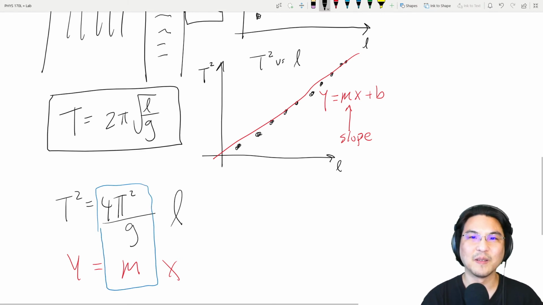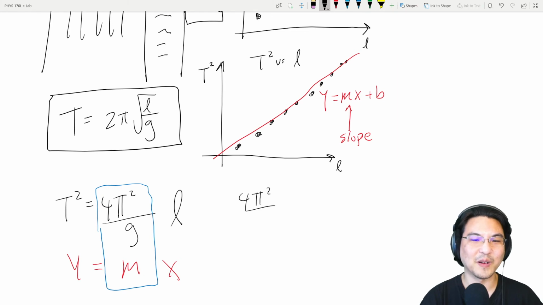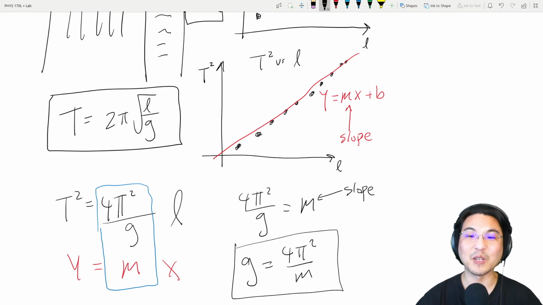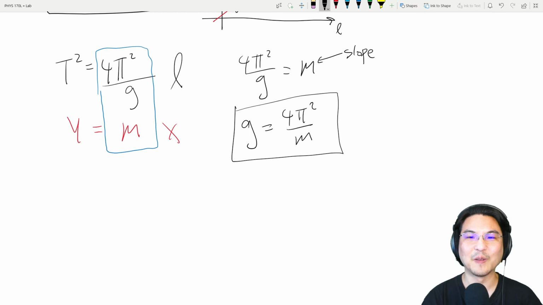Right, so then 4 pi squared over g equals that slope. Again, that's the slope of your trend line. So just trade these two. So g is 4 pi squared over that slope. So this is a way to measure the acceleration of gravity.